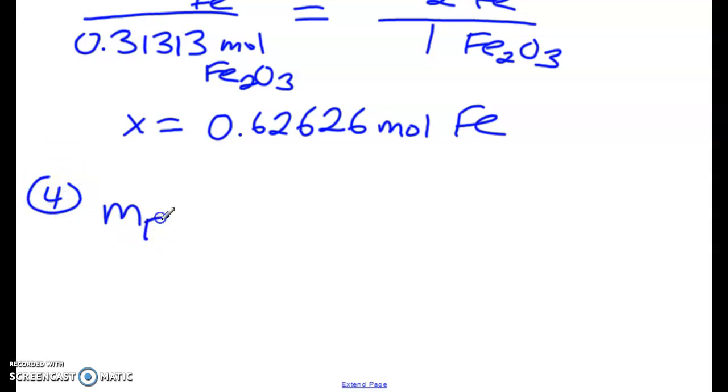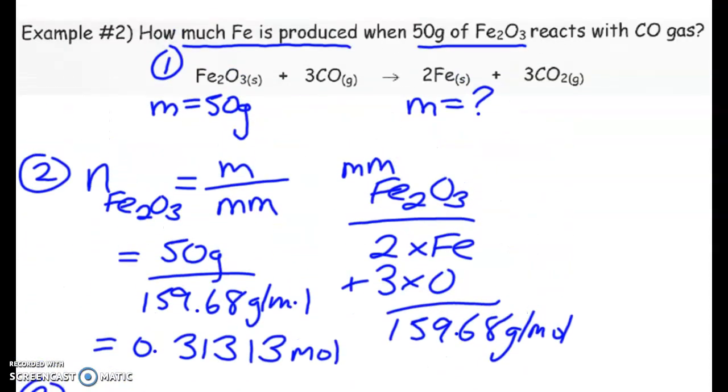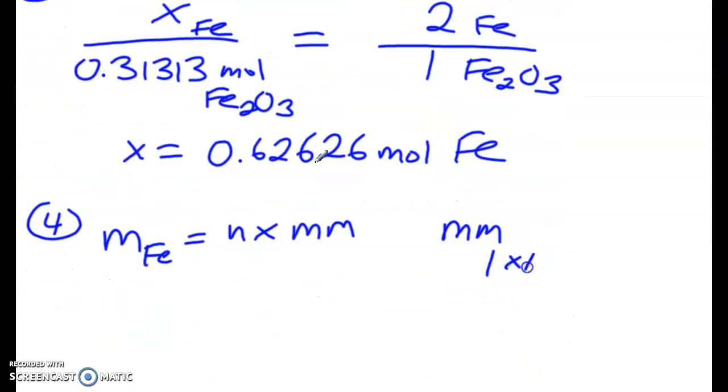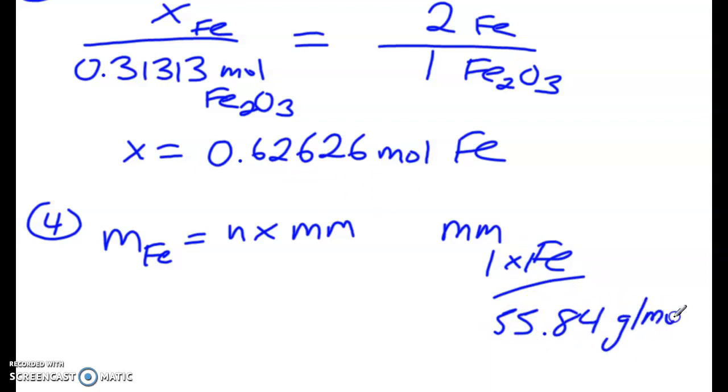So mass of iron is going to be moles times the molar mass. Keep in mind, the molar mass is not the coefficient. You're looking at just the actual formula of the substance. So this is going to be just 1 iron, which is 55.84 grams per mole.